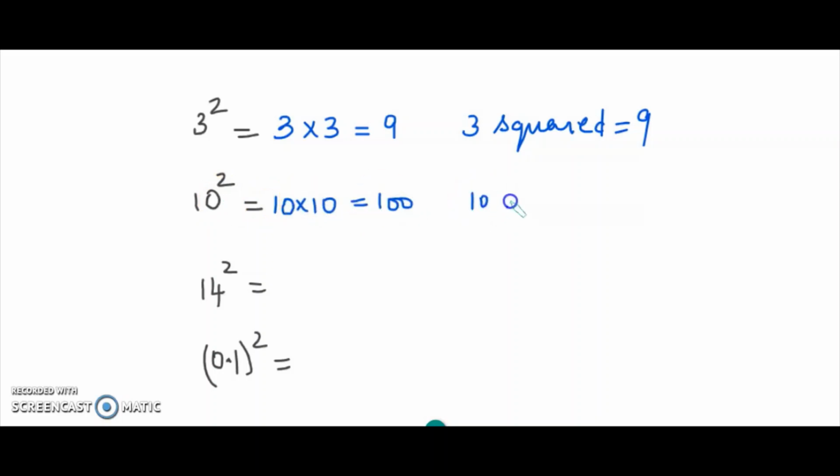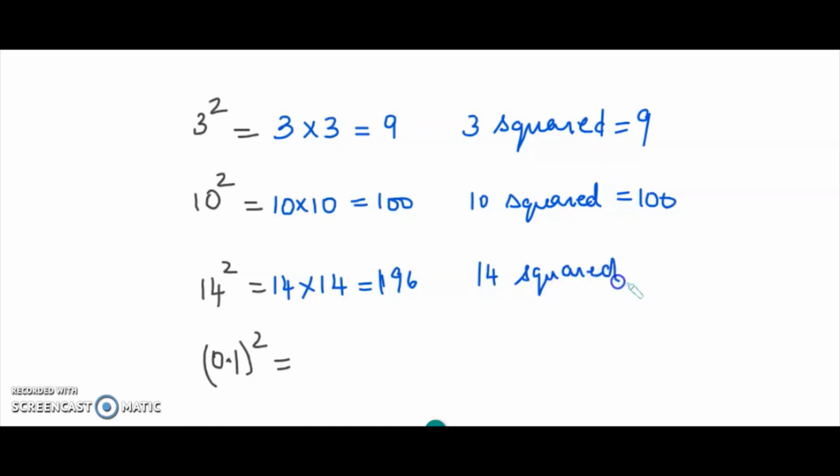So can we say 10 squared is 100? As I already took 14 squared, 14 times 14 is 196. So can we say 14 squared is 196? Yes, you can check by multiplication, it's 196.